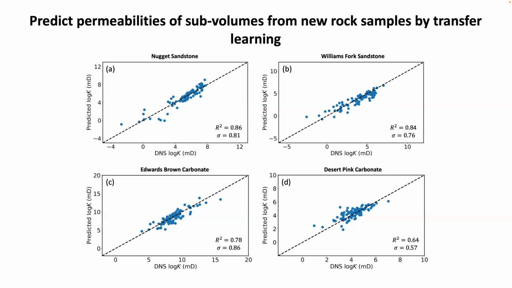For the transfer learning of the pre-trained CNN, we select 10% to 20% of the subvolumes and compute their permeabilities using the LIR solver of the GeoDict software. And we can see that the predicted permeabilities of the subvolumes by the CNN surrogate models with transfer learning are consistent with the ground truth obtained by the LIR solver.